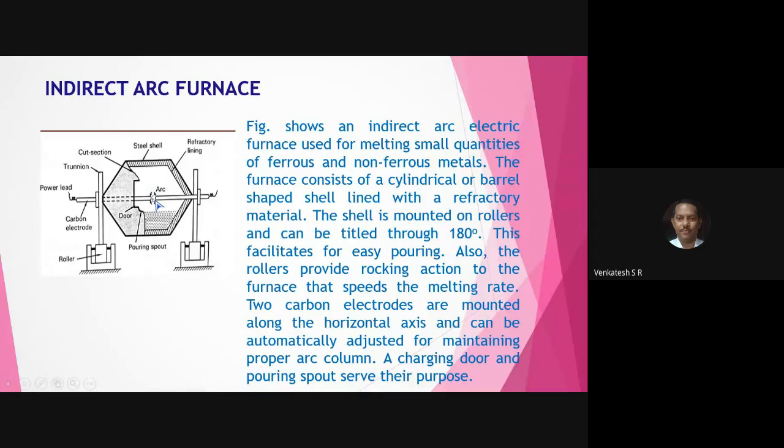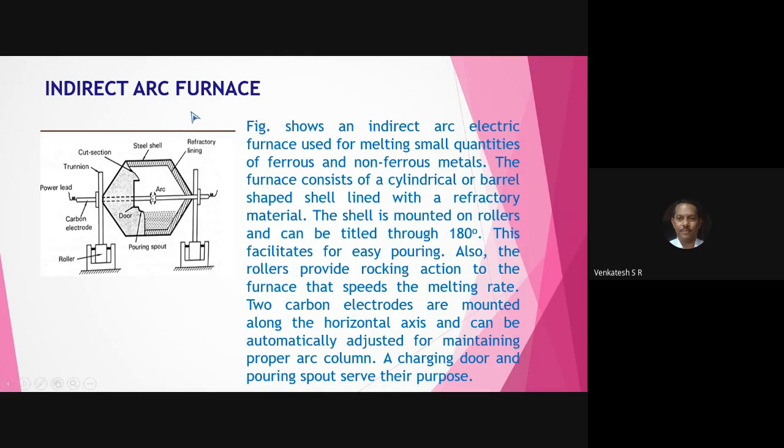Usually, the indirect arc furnace is used for melting of ferrous as well as non-ferrous metals. Remember, the direct arc furnace is used for melting of steel, but the indirect arc furnace is used for melting of ferrous as well as non-ferrous metals.